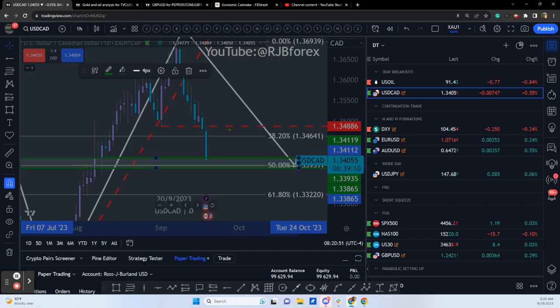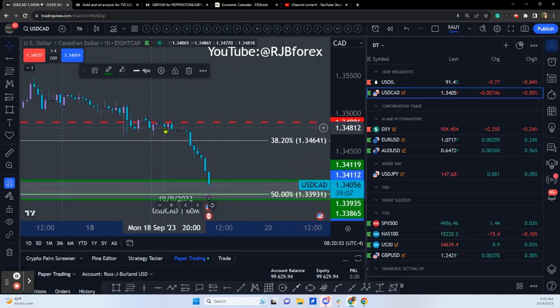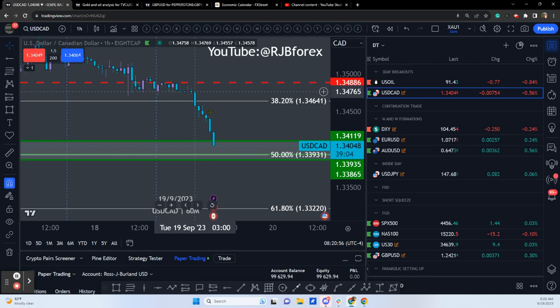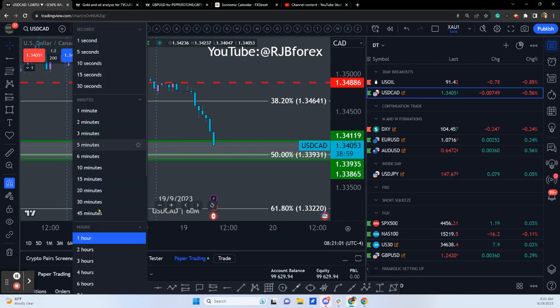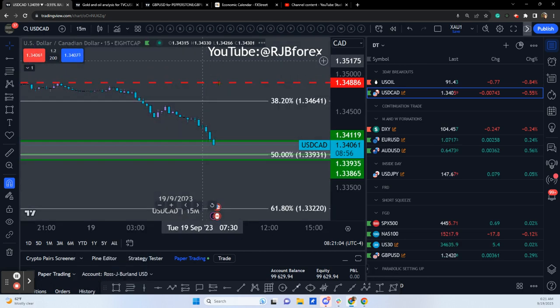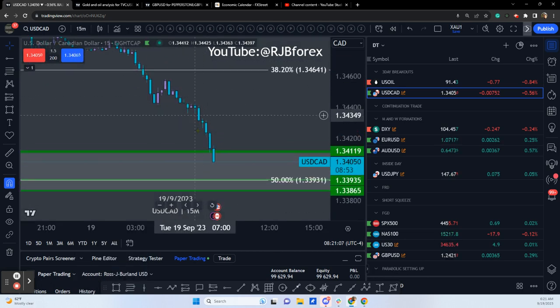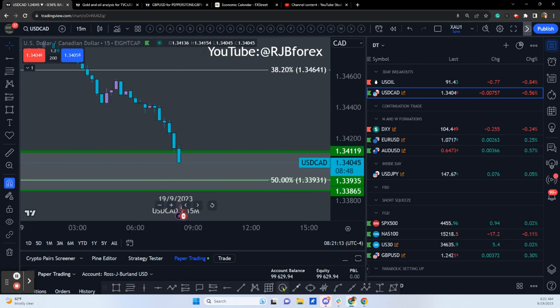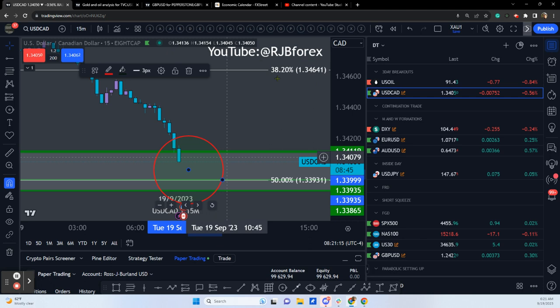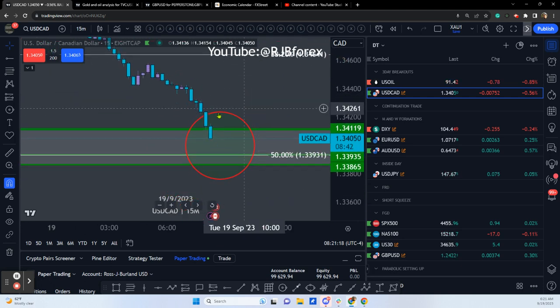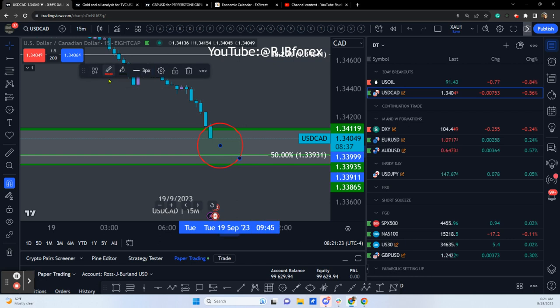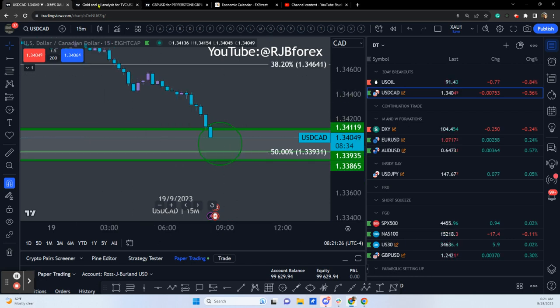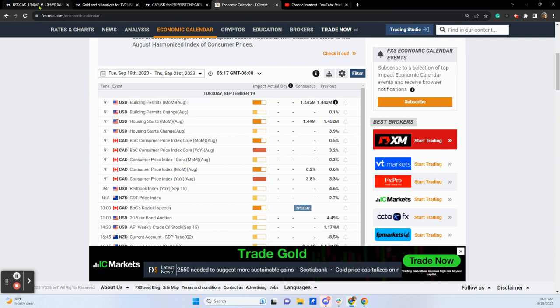So we can look at the lower time frames and monitor this for deceleration and accumulation for a move up. It might be premature to be looking for it today, but you never know. So monitoring that for deceleration in this area. As I said, we've got data coming up in 9 minutes.